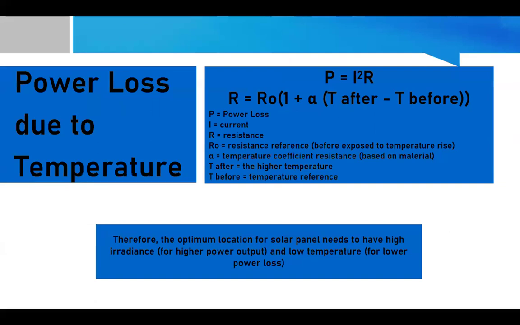However, there's a power loss due to temperature. We know the formula: the power loss is the square of the current times the resistance. And the resistance itself is the reference resistance, which is before exposure to temperature, times 1 plus the temperature coefficient of resistance, which is based on the material, the semiconductor or solar panel.